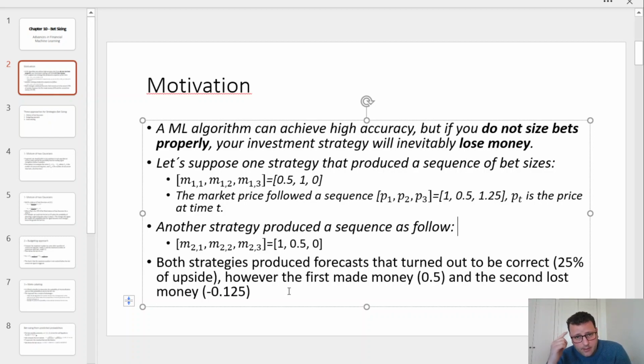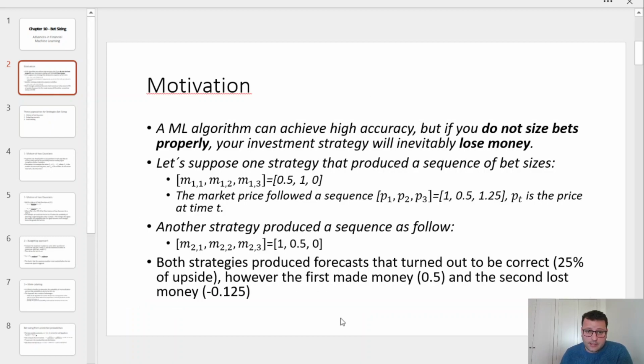However, the first algorithm made money, 0.5, and the second lost money. The loss is minus 0.125. That shows us how important it is to have an algorithm that sizes our bets properly and with more accuracy.